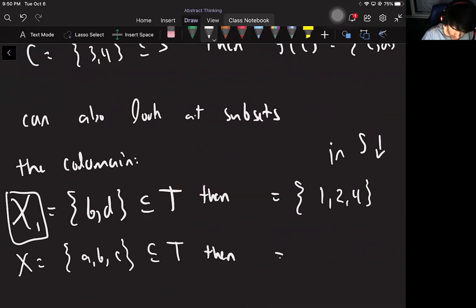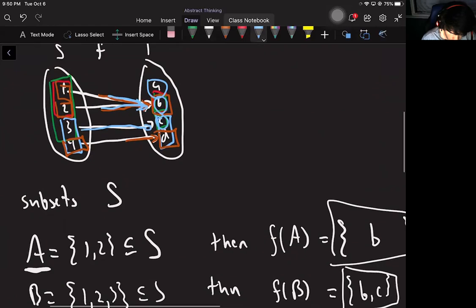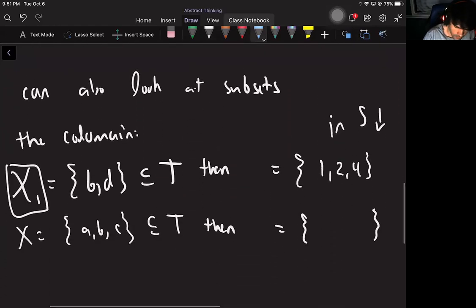So here, now I'm thinking, what elements go to A, B, and C? Well, let's see. In fact, nothing goes to A. So that doesn't tell me anything, but B and C get hit by these 3 elements. So 1, 2, and 3. So now this would consist of 1, 2, and 3.